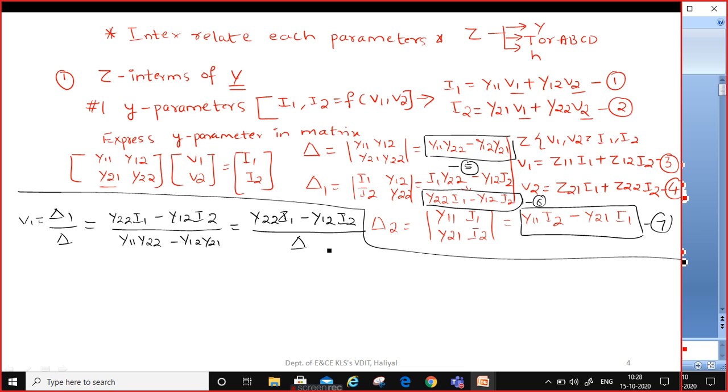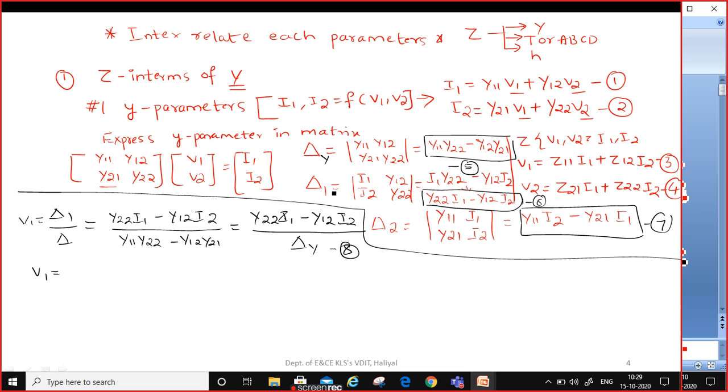Let me call this equation 8. Now, if I rewrite equation 8, we want V1 in terms of I1 and I2. I will write delta y for identification, that this is the determinant of y.